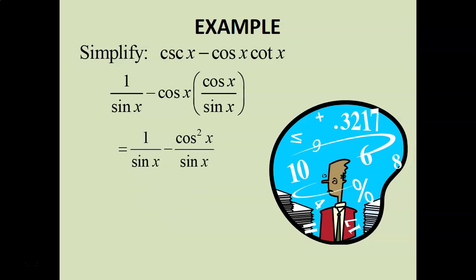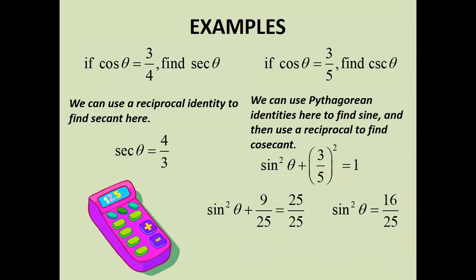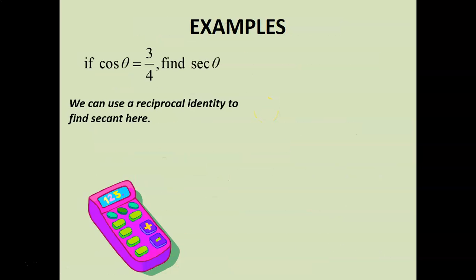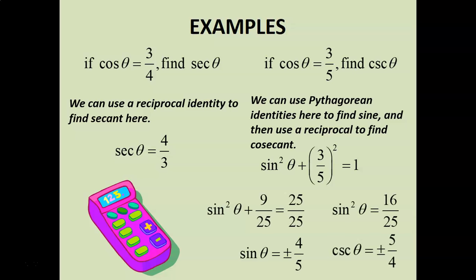If we were to look at this and rearrange it so that it said 1 minus cosine squared, you would find that that would be equal to sine squared. That's just using a little algebra.